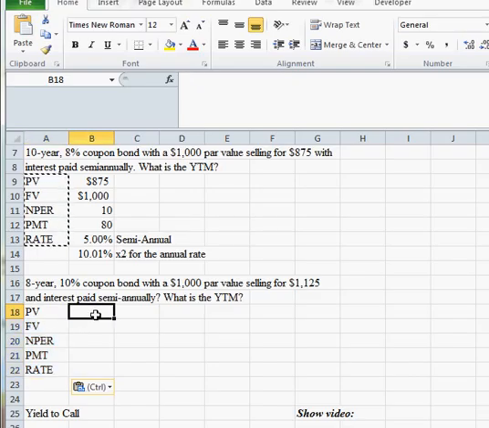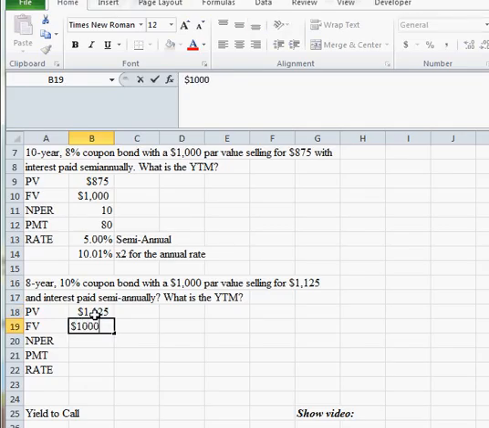Present value is $1125. The future value is the $1,000. Number of periods, it's 8 years. It's a 10% coupon, so equals the 10% times the 1,000. And then we're ready to find the rate.